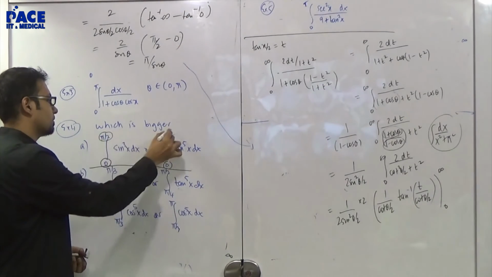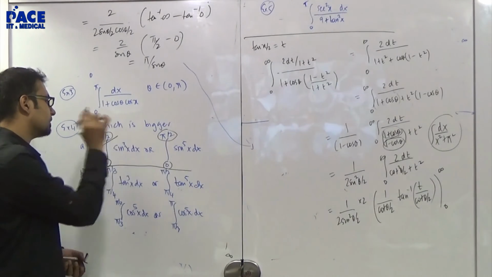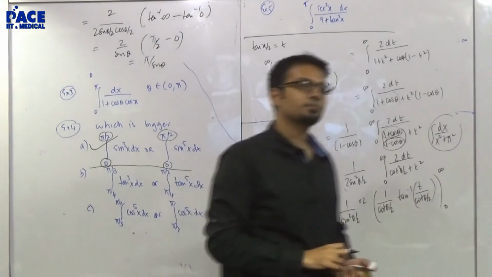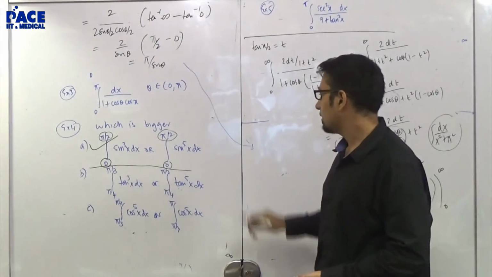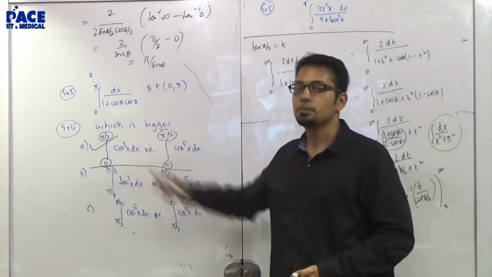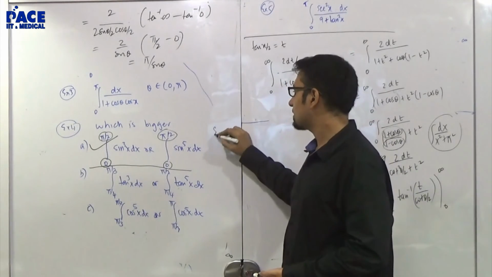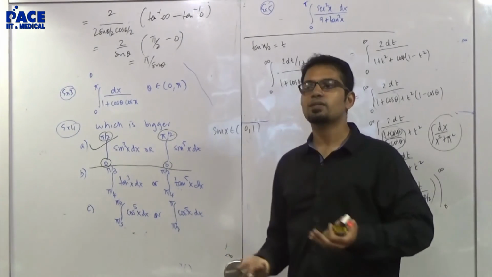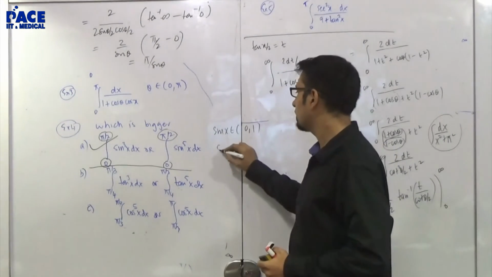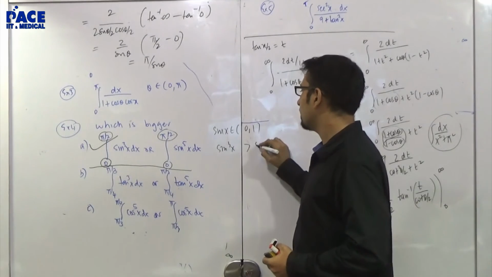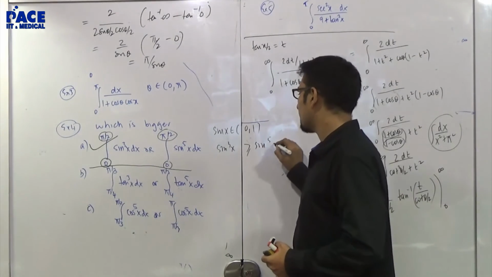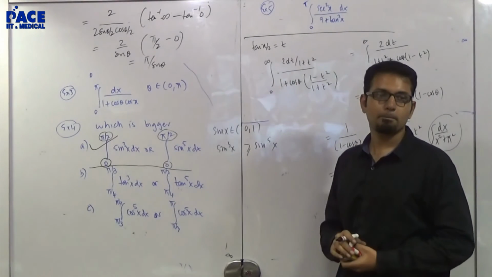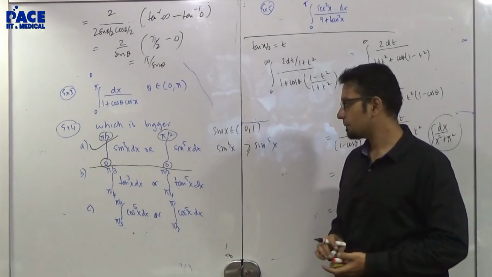Sin cube x is bigger, because sin x lies between 0 and 1. The higher power you take of sin, the more it will diminish. So sin cube x is bigger than sin raised to 5x. And the function that is bigger has the bigger integral. Is that clear?